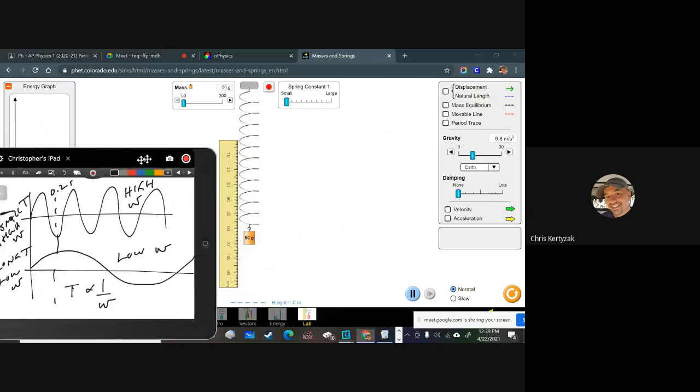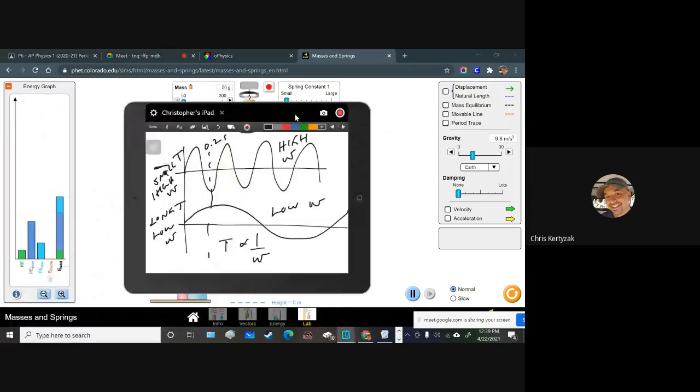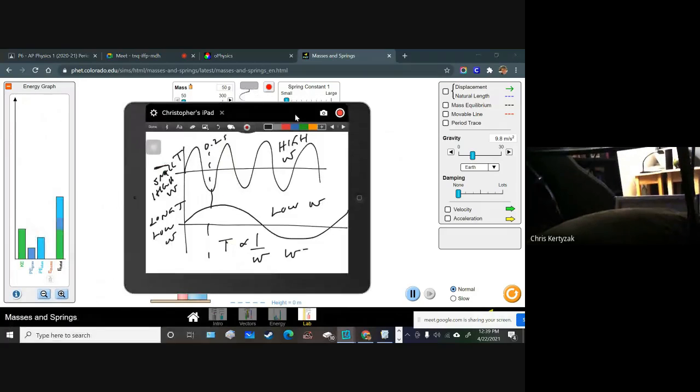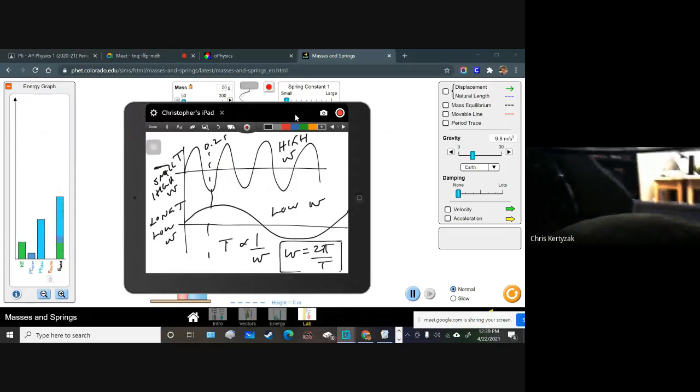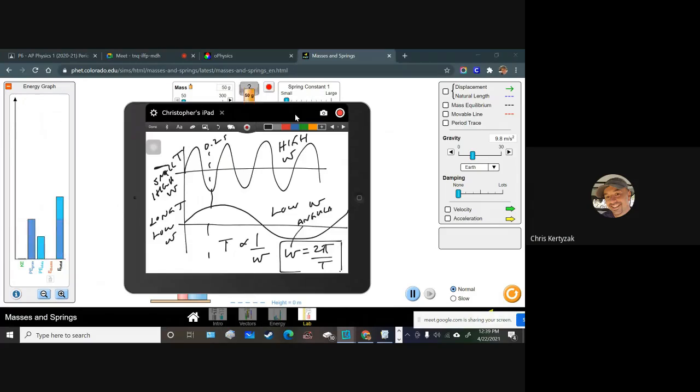And we actually already knew that, right? We already have omega equals 2 pi over T from before, right? We still get to use that. Just pointing out that this is now referred to as the angular frequency. We call it the angular frequency.